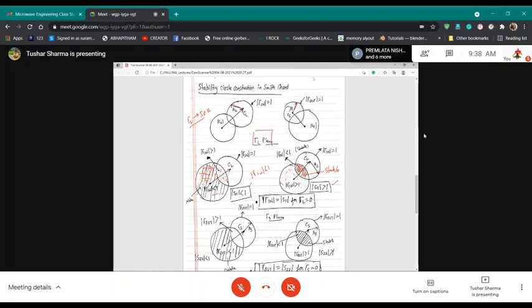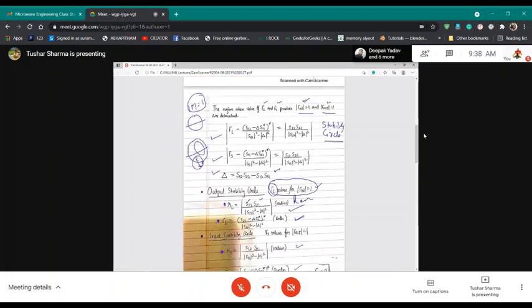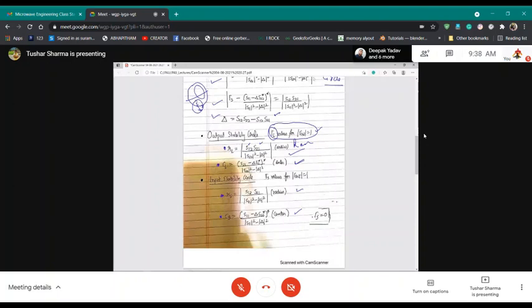But at the same time, there will be other areas which can be unstable. So in this case, this is the unstable area. In this case, this is the unstable area. Both of these depend on what the magnitude of my S11 is. Because this S11 is for the input.